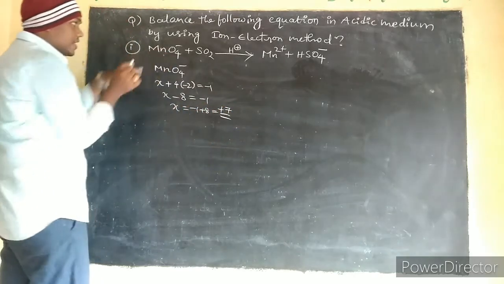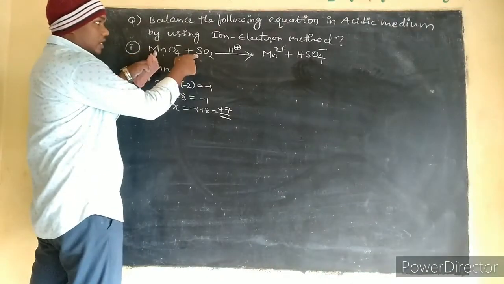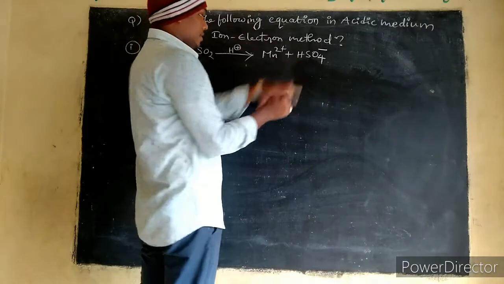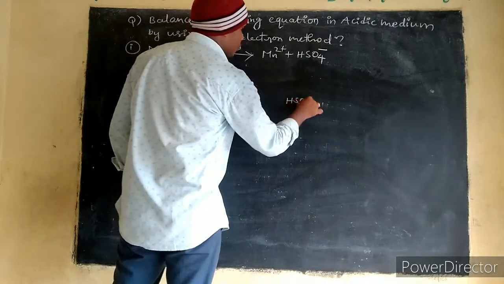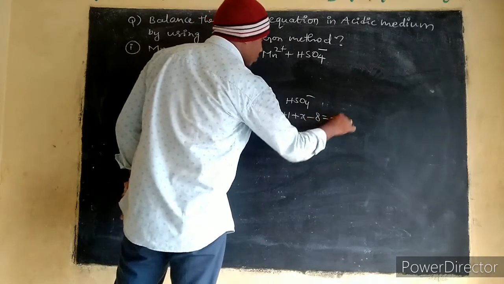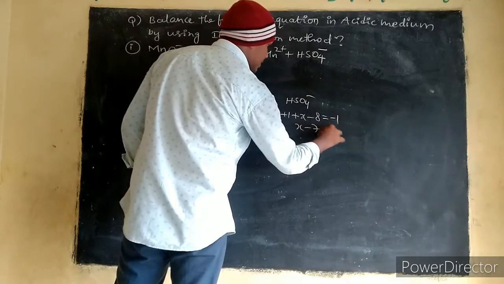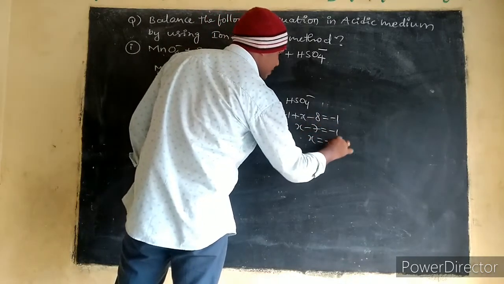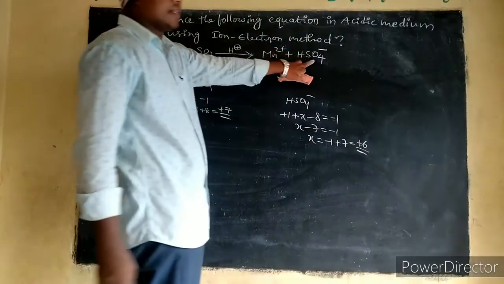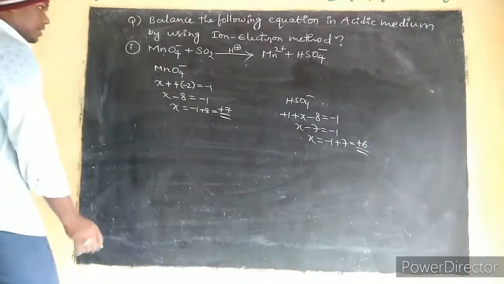So here manganese is in plus 7 oxidation state, sulfur in SO2 is plus 4, here already plus 2. For HSO4 minus, plus 1 plus x minus 8 is equal to minus 1, x minus 7 is equal to minus 1, x is equal to minus 1 plus 7, which is plus 6, correct? So here sulfur carries plus 6 oxidation state.